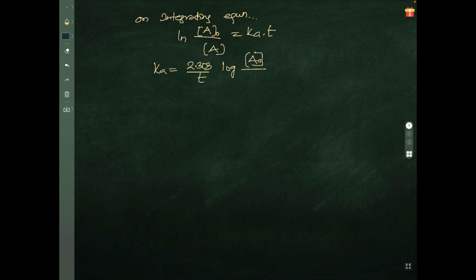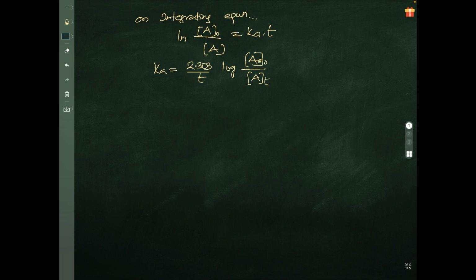Done. Now on integrating this equation, A naught by the concentration of A is equal to Ka T, or Ka is equal to 2.303 by T log A naught by A T, right?